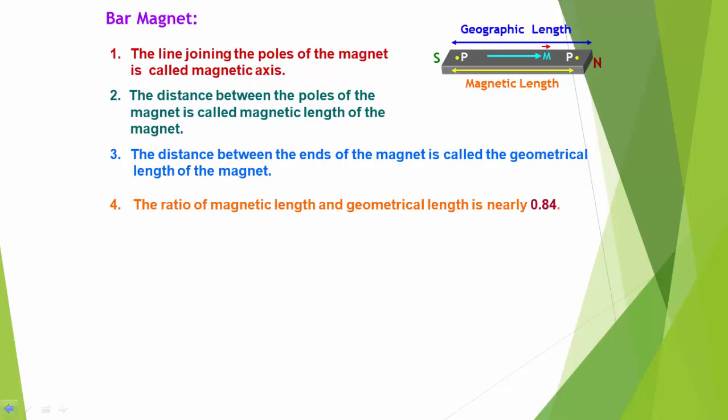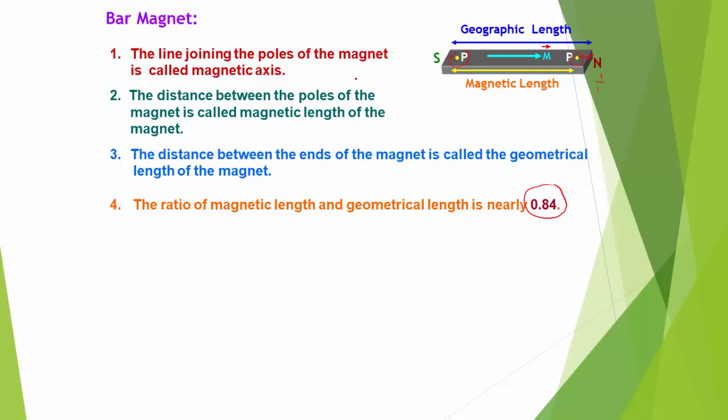Then the fourth point: the ratio of magnetic length and geometrical length is nearly 0.84. It is very near. ಎರಡು ಆಕ್ಚುಯಲ್ ಸೈಜ್ ನಿಯರ್ ಇರ್ತಾವೆ, ಹೌದಾ? 1:1 ರೇಷಿಯೋ ಅಲ್ಲಿ ಇರಬೇಕಾಗಿತ್ತು. ಬಟ್ ಏನಾಗಿರುತ್ತೆ ಇಲ್ಲಿ, the magnetic field is concentrated at these points.